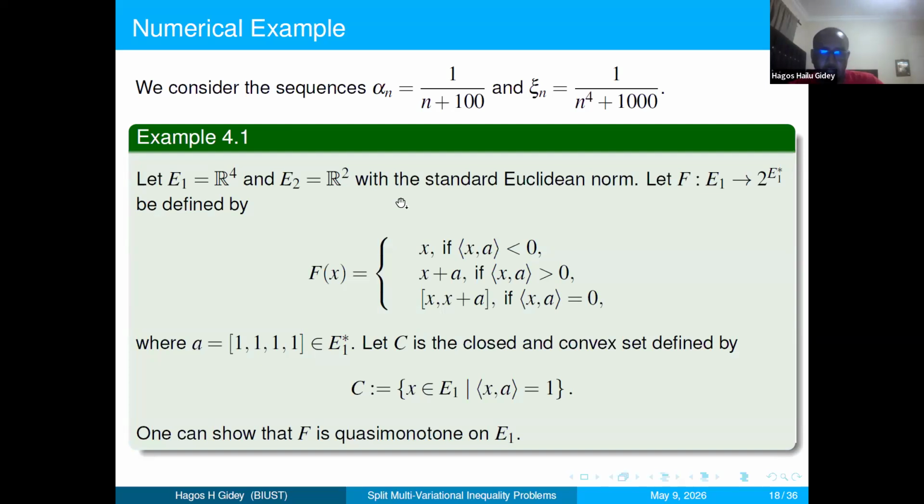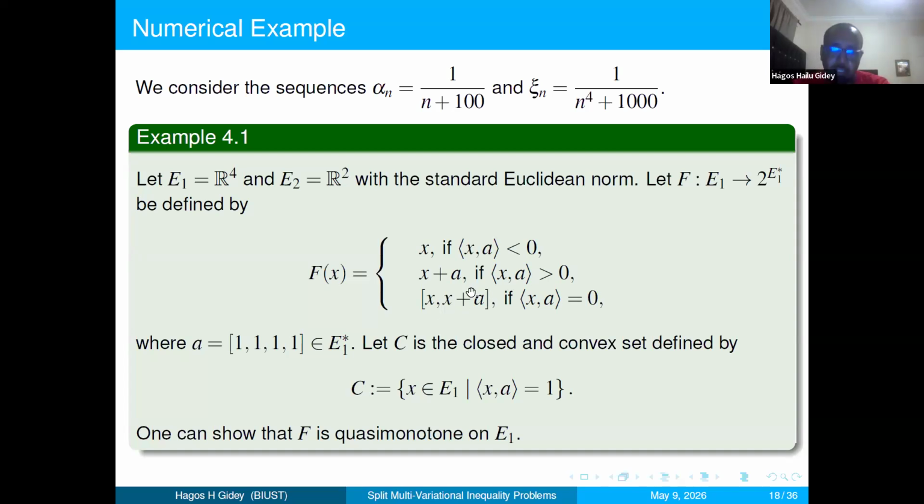In this case, we just consider R4 for E1 and R2 for E2 with standard Euclidean norm. We defined Fx as this one. This is the inner product. Xa with this inner product means it's like a dot product x dot A in R4.